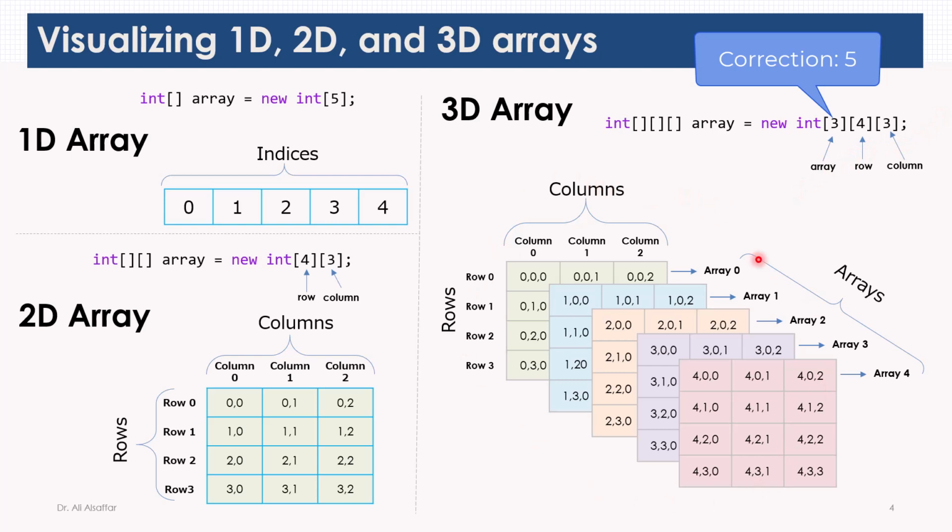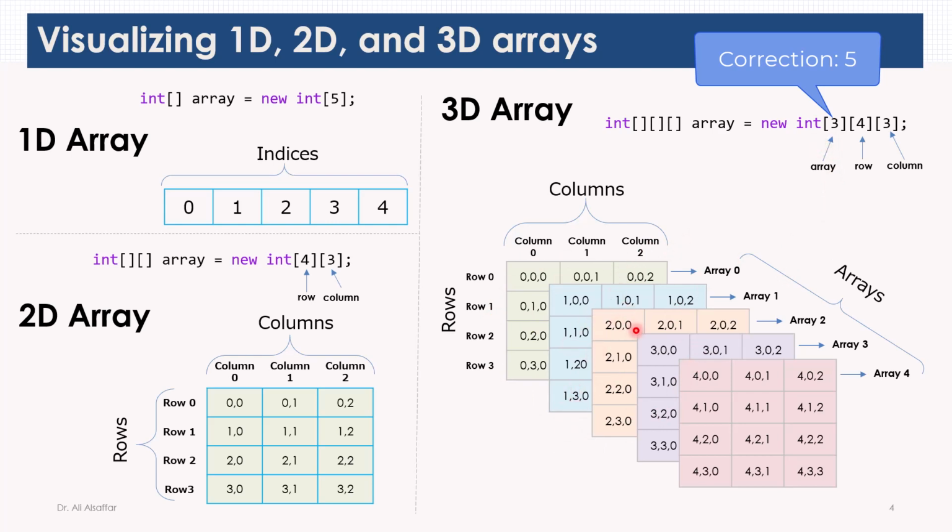Or you can visualize them as layers. So this is the first layer, and this is the second layer, which is a table. As you see, this table at the lowest level is at index 0 of the first array. And the second table is at index 1 of the array. So we say it is at level 1.